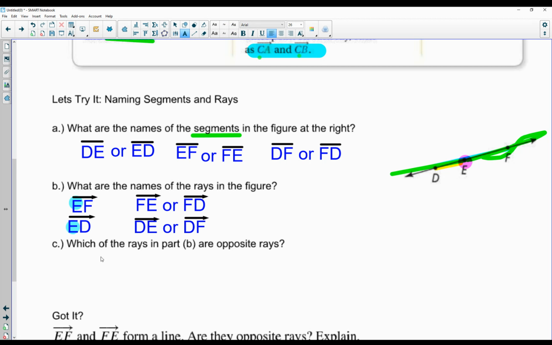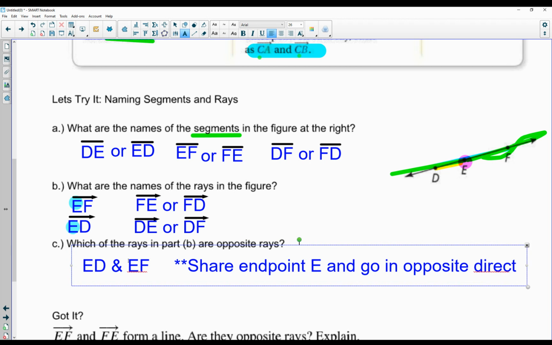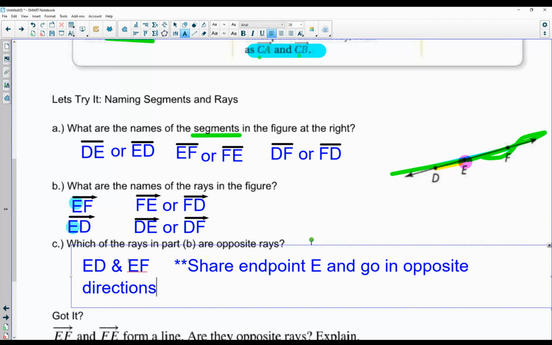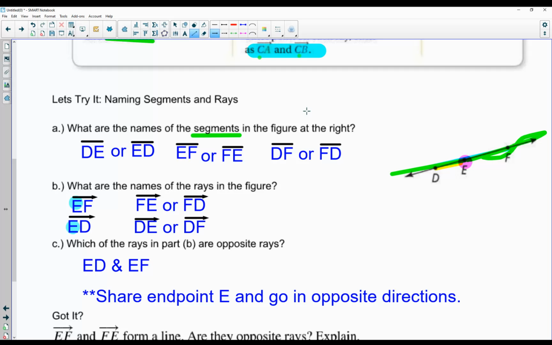So we have both ED and EF, and the reason is they share endpoint E and go in opposite directions. Just let's make sure that we put our little ray symbol on top of ED and EF.